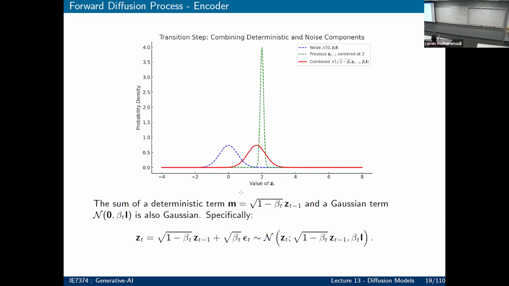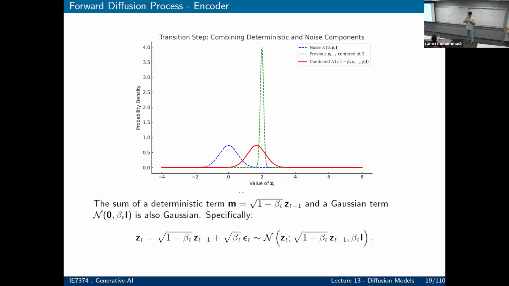That also gives us one thing. If you think about this value, it is coming from a Gaussian with this mean and this variance, right? The second term, the stochastic term, defines the variance of the value. The first term, the deterministic term, acts as the mean of the distribution.